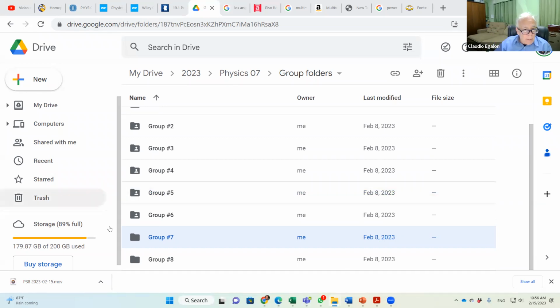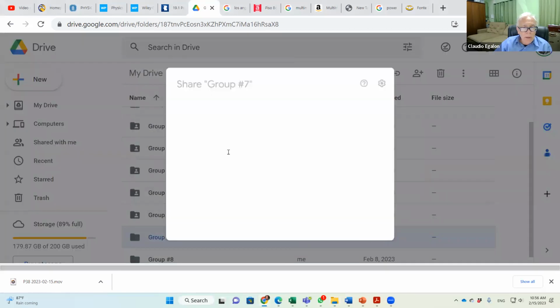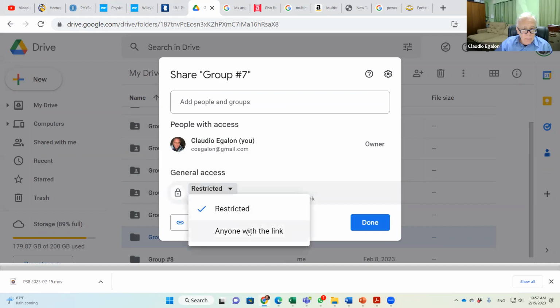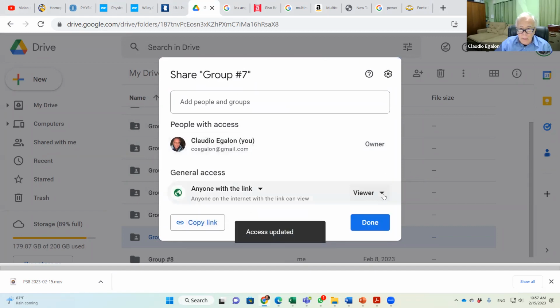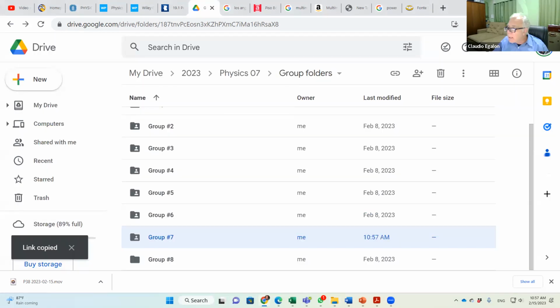Now I'm gonna create the share link: restricted, viewer editor, copy the link.